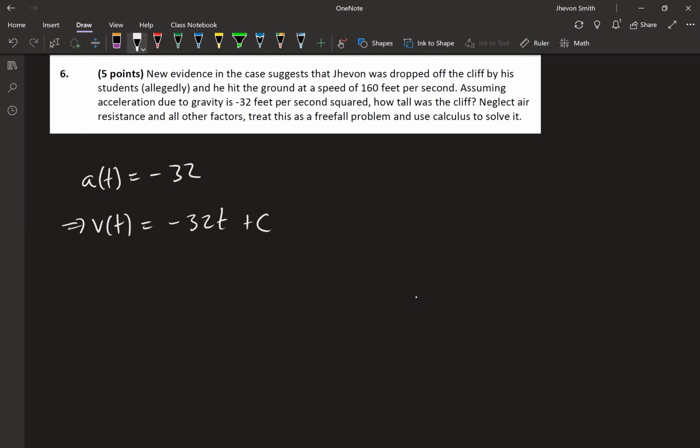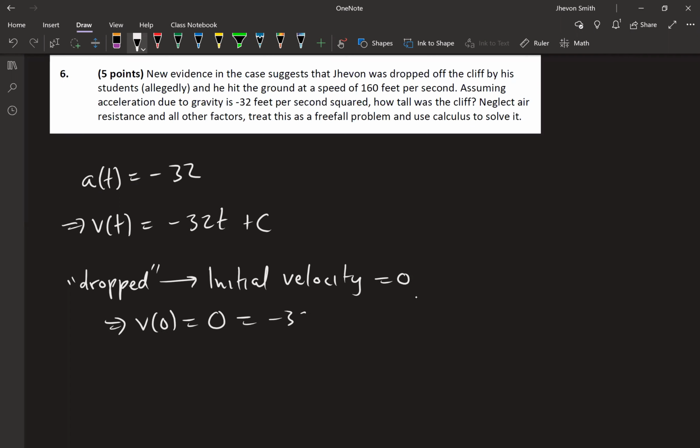So we automatically think that when t equals 0, velocity equals 0, right? Dropped means you weren't thrown off with any speed, so dropped means initial velocity is 0. And of course, that means that v of 0 is 0, which is -32 times 0 plus c, which means that your c is 0. So your velocity function is just -32t.